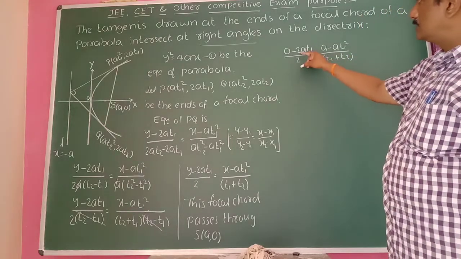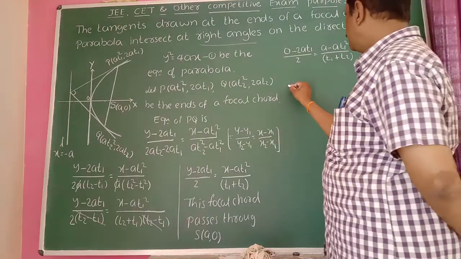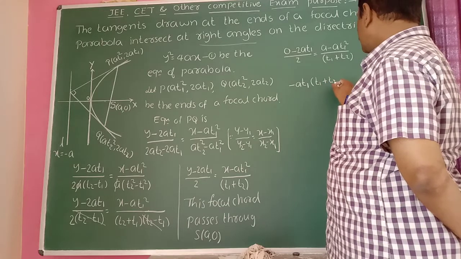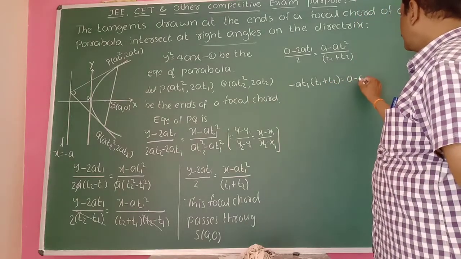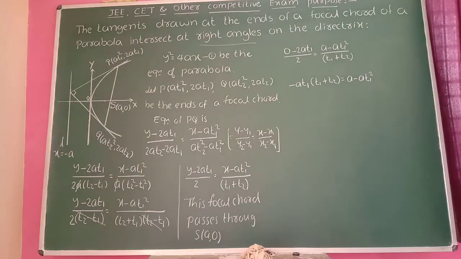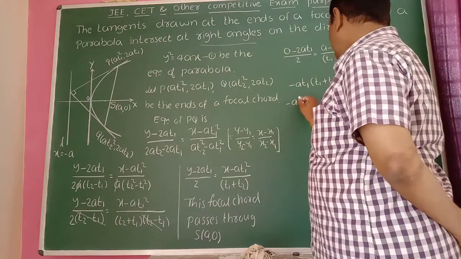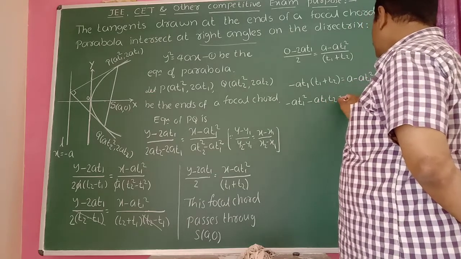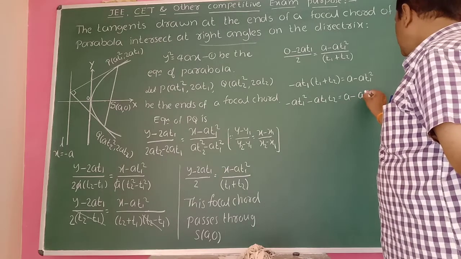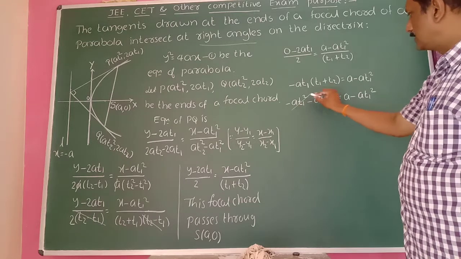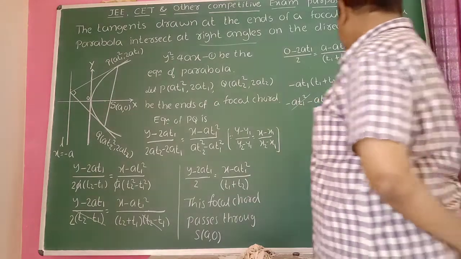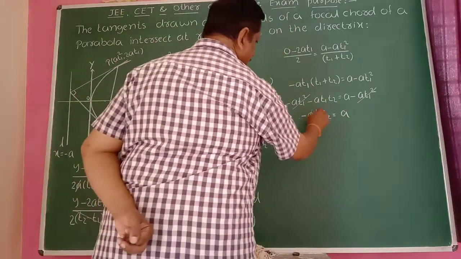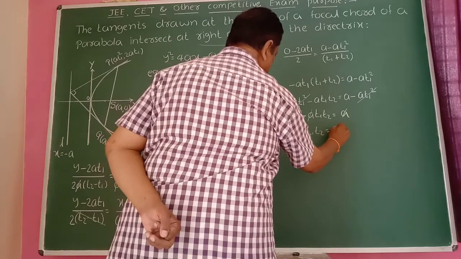This 2 and this 2 cancel. Taking t1 plus t2 to this side, minus a t1 into (t1 plus t2) is equal to a minus at1². Then minus a t1² minus a t1 t2 is equal to a minus a t1². The a t1² on the left and right sides cancel. Remaining is minus a t1 t2 is equal to a, and a cancels.